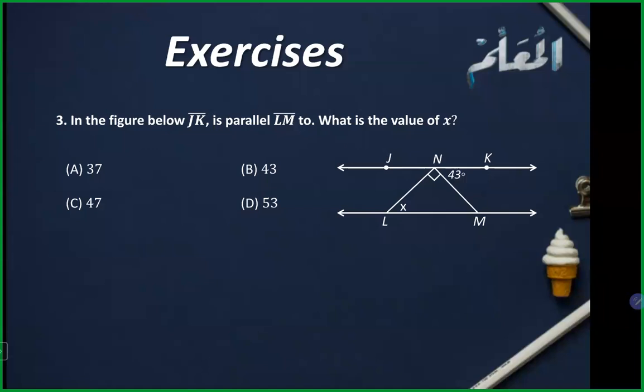Okay, let's see how we can solve this type of question. So in the figure below, the line JK is parallel to the line LM. Okay. Those lines are parallel, or those segments are parallel.